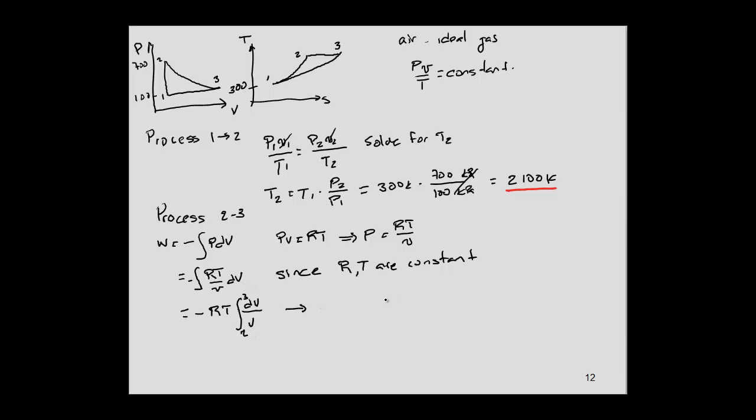So doing the integral, we know that this will be minus RT times the natural logarithm of V3 by V2, but we don't have these values. But we remember that seven times V2 is equal to V3.